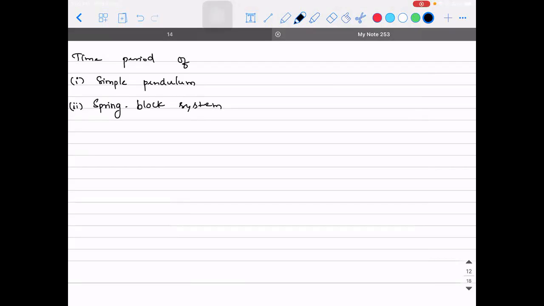Now, see, there are certain steps to be followed. The steps that I'm going to tell you are not only applicable for these two concepts, they are applicable for any problem you do in simple pendulum, any problem where you need to calculate time period.